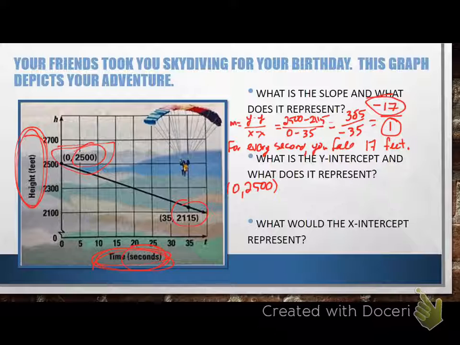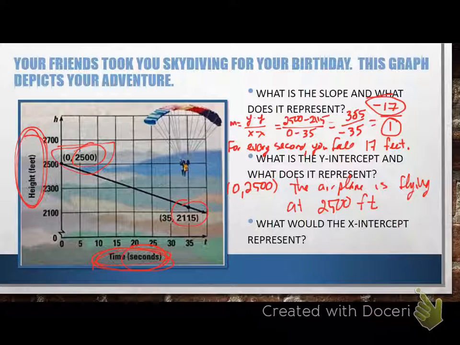So you can say this however you want. The airplane is flying at 2,500 feet is one way to do that. Okay. A lot of other ways: you start falling at 2,500 feet, you jump out at 2,500 feet. There's a lot of different ways you can approach that.